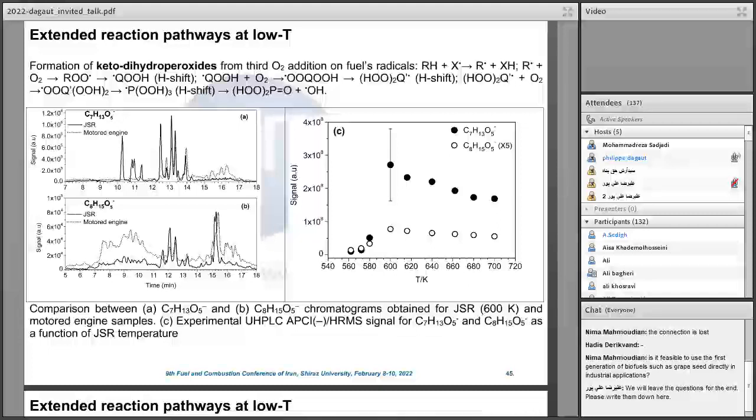And these are the second type of chemicals that we probe, ketohydroperoxides. So it's one addition further of molecular oxygen. And again, you can see here that the trends that we observed, all these chromatograms are rather similar, whatever you consider, engine exhaust or jet stirred reactor.